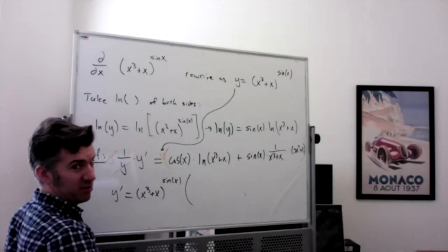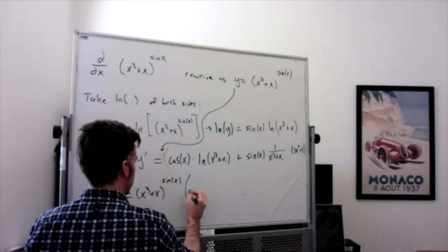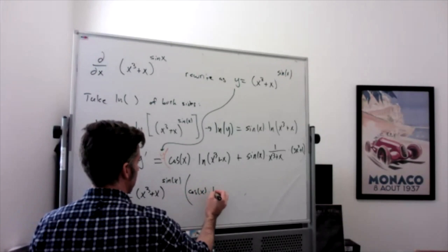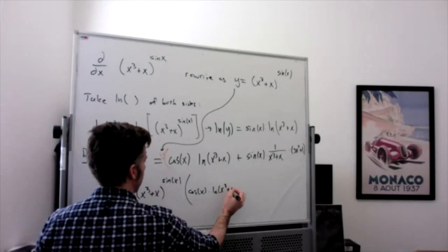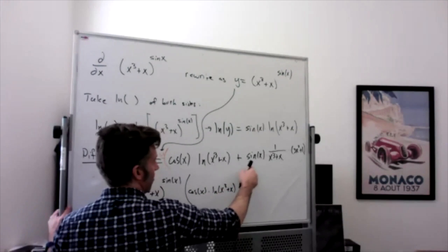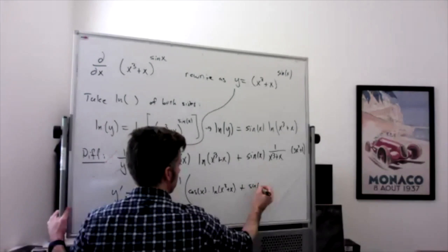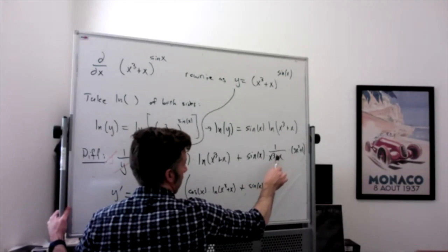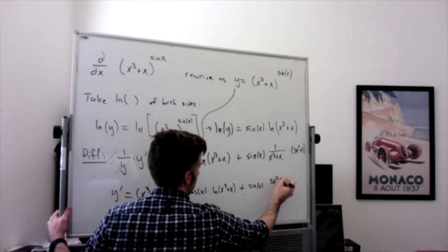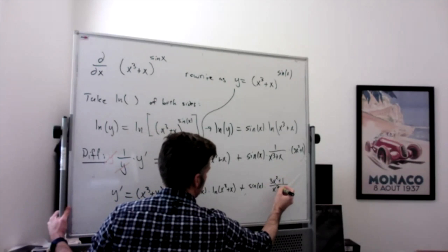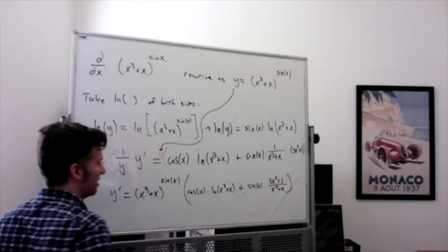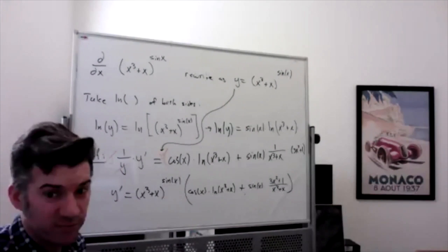There's really not a lot of simplifying to do. It's cosine of x times the natural log of x cubed plus x, plus I would probably write this as sine of x times this over that: 3x squared plus 1 over x cubed. And that would be our final answer.